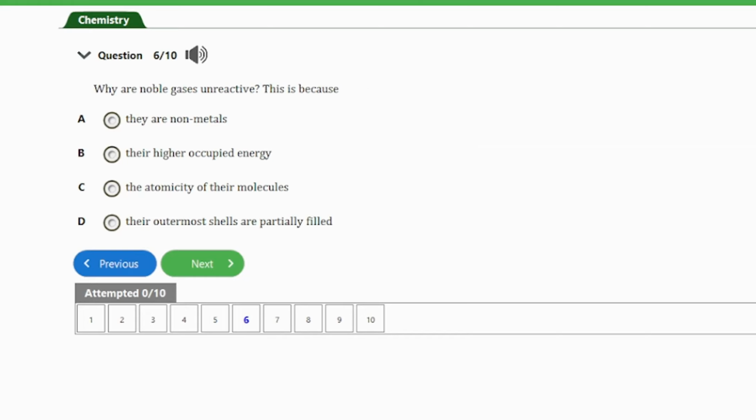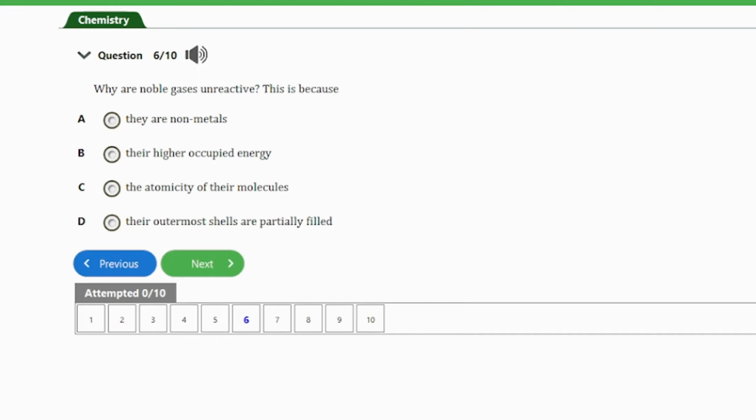And that's question number 6. It says, why are noble gases unreactive? This is because A, they are non-metals, B, they are higher occupied energy, C, the atomicity of their molecules, D, their outermost shells are partially filled.